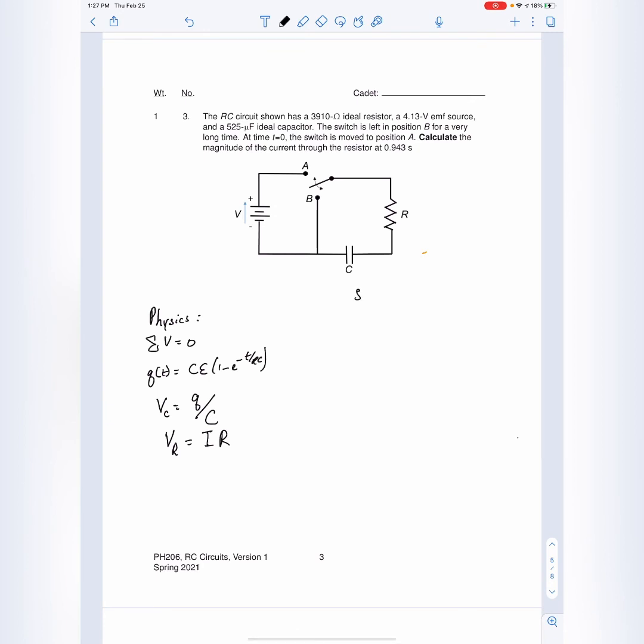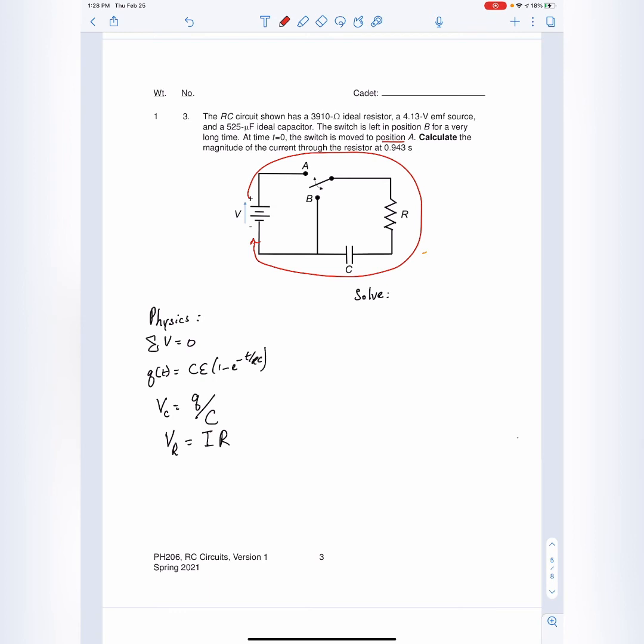Now we do the solve. And we're saying, hey, it moves from point B and goes to point A. And we have to do an analysis and calculate the current across the resistor. Now notice too that this diagram is a series.